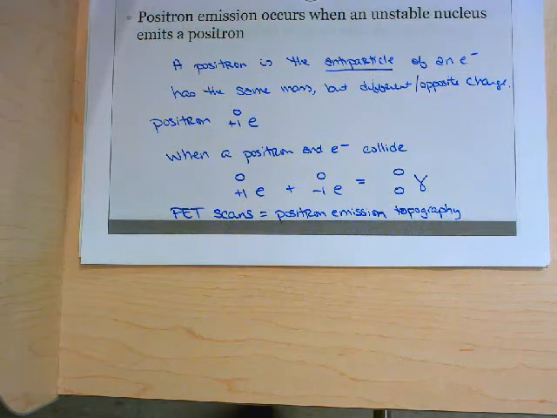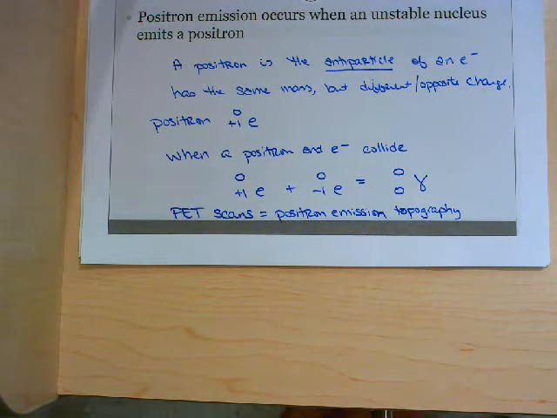PET scan stands for positron emission tomography, which means as positrons are being emitted, they scan the person in 3 dimensions to see where the positron is being emitted from. That way they can see where, in most cases, the cancer is. So, let's watch a little video about how that works.